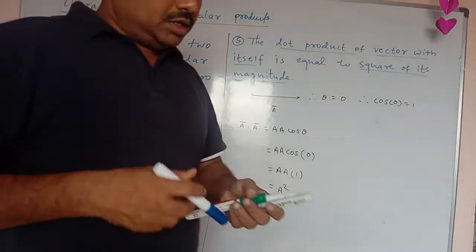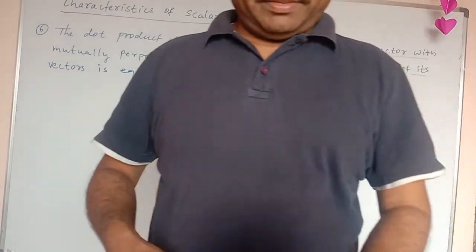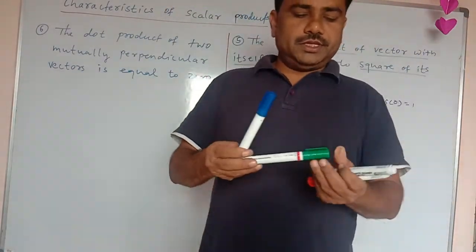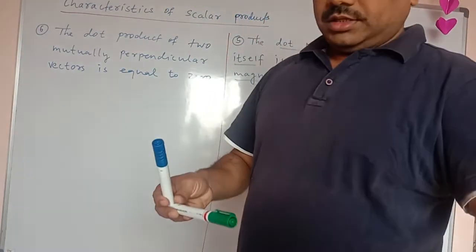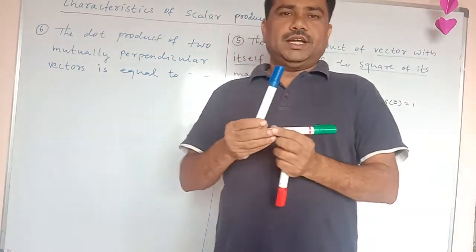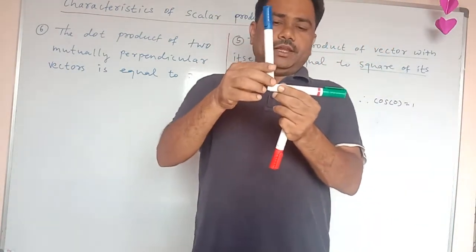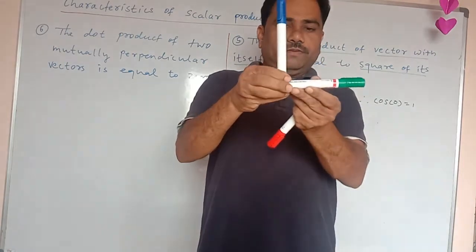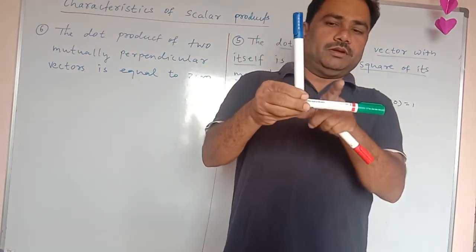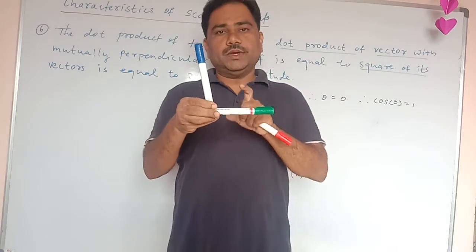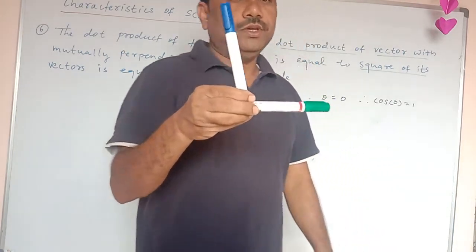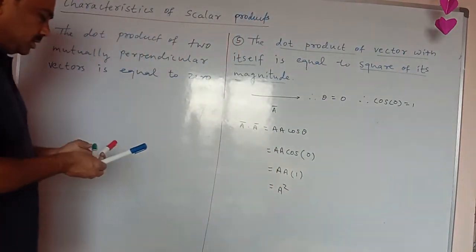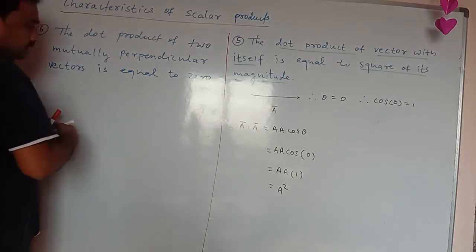See, if two vectors are mutually perpendicular, suppose these two vectors are vector A and vector B, and they are perpendicular to each other like this. What will be the dot product of these two vectors? For that purpose, draw one diagram.